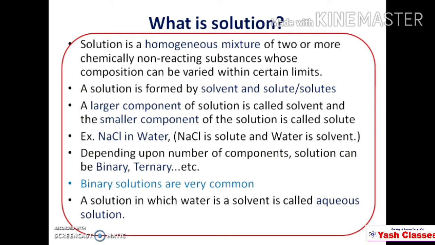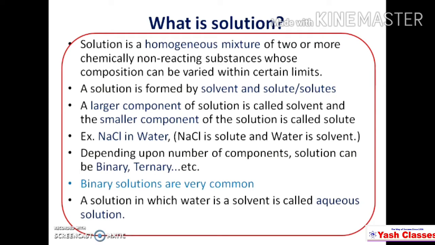Such a mixture is called a homogeneous mixture, and a solution is a homogeneous mixture of two or more chemically non-interacting substances. So these substances or components must be chemically non-reactive. If they are reacting with each other, then we will not get a solution.